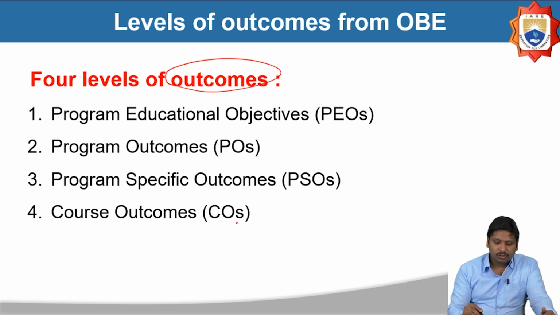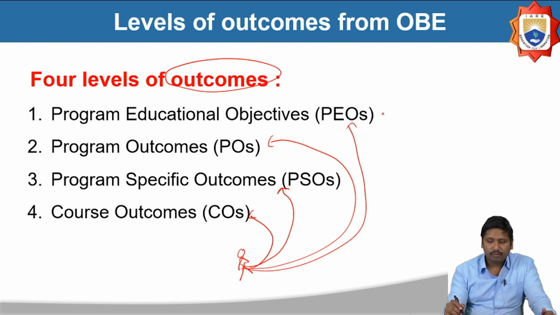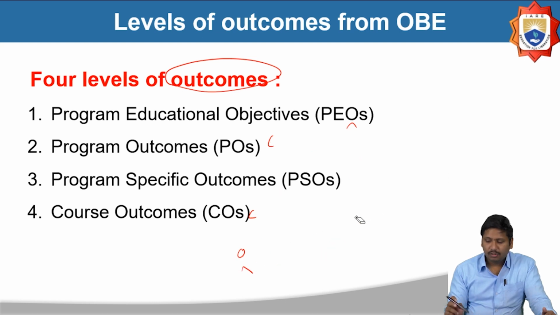So the very first thing is that a normal teacher is able to identify what the course outcomes are. And then the program specific outcomes should be defined, and program outcomes and then program educational outcomes should be defined by the institution. So these are some of the different levels of OBE.